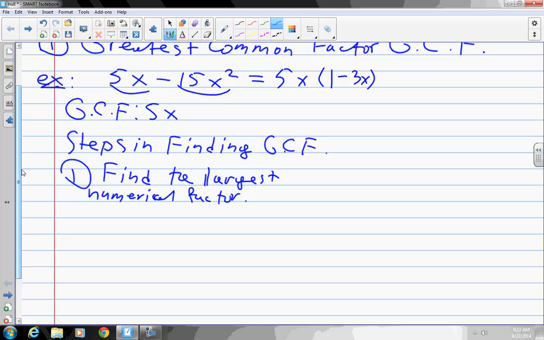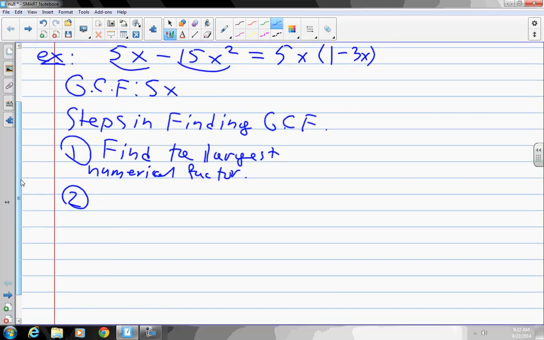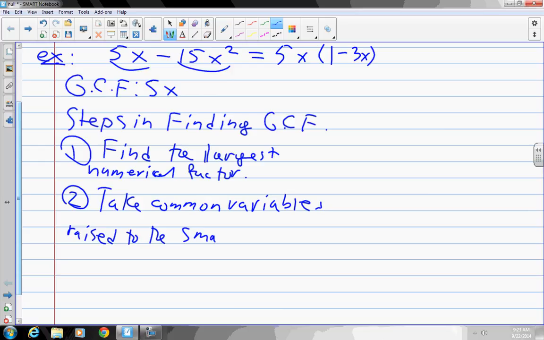That's usually the simple part. If you see coefficients, you just take the largest common divisor out. But the second part, the way you do the variable, you will take all common variables raised to the smallest power.